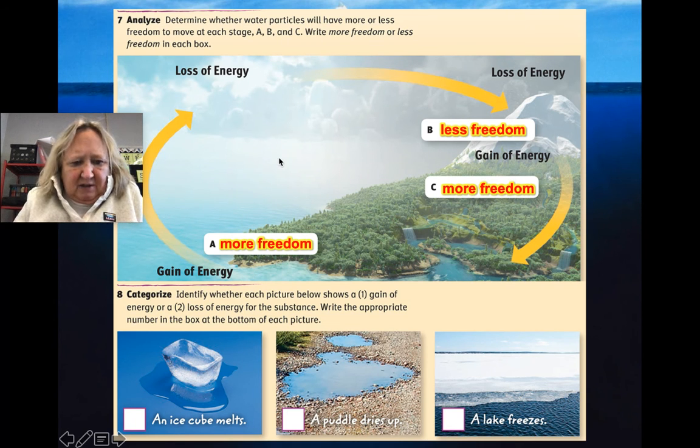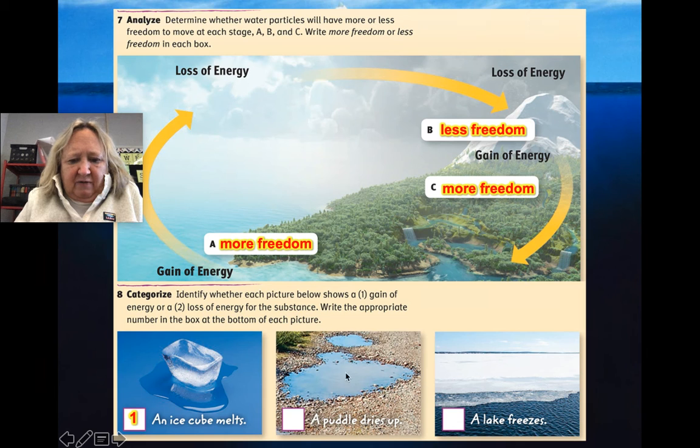All right, let's look down here. Identify whether each picture will show a gain of energy or a loss. So we want either a 1 or a 2. This is a good one. An ice cube melts. What do we think? Are we gaining energy or losing it? We are gaining it. Okay.